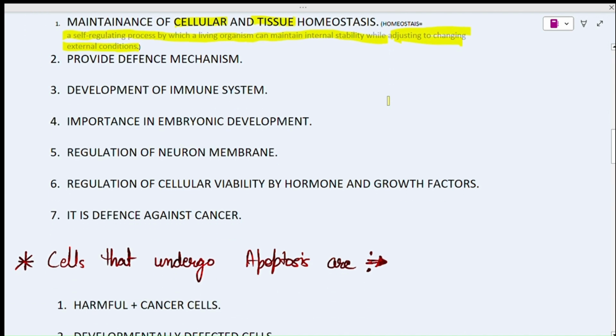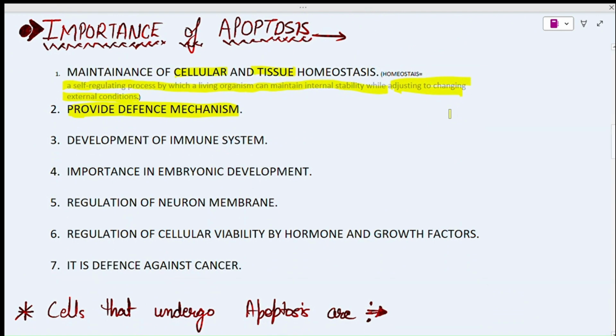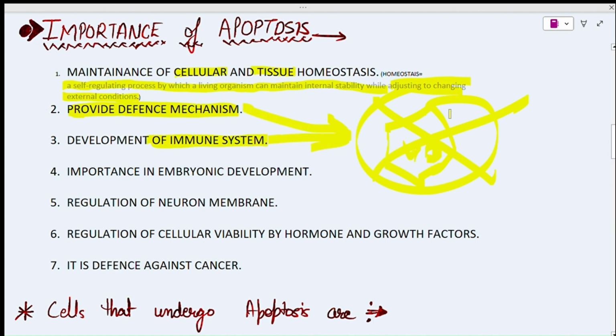Second, it provides a defense mechanism. Let us suppose there is a cell infected by a virus. Apoptosis will kill this cell along with the virus, so it provides a defense mechanism. The third point is the development of the immune system, so it helps in immunity also.